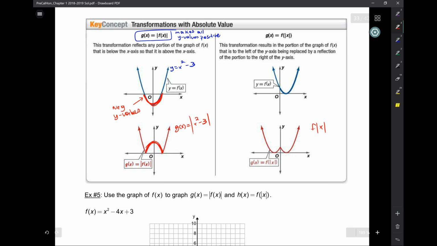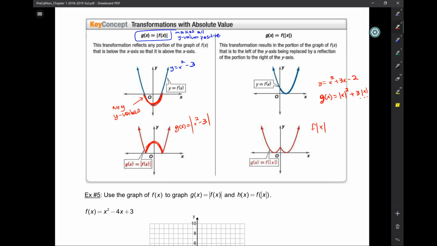For example, if I have y equals x squared plus 3x minus 2, and I say g of x is, and I take the x and just put that in absolute values, then what that does is it doesn't allow for any negative x values. So whatever x value you put in here, it'll make it positive, then do the operation to it.